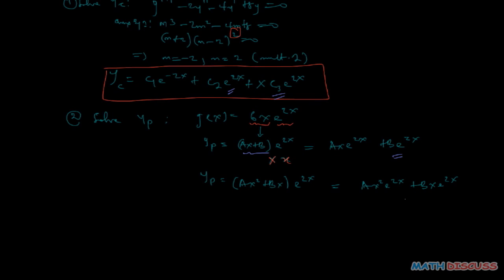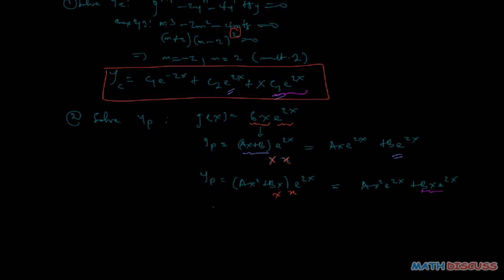But you observe again that there is still a repetition. We have a multiple of x e to the power 2x here, and we also have a multiple of x e to the power 2x in the complementary function. That simply implies that we still need to multiply again by x. We keep on multiplying by x until there is no repetition anymore.